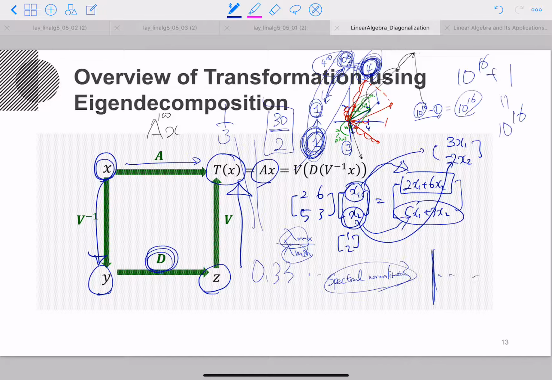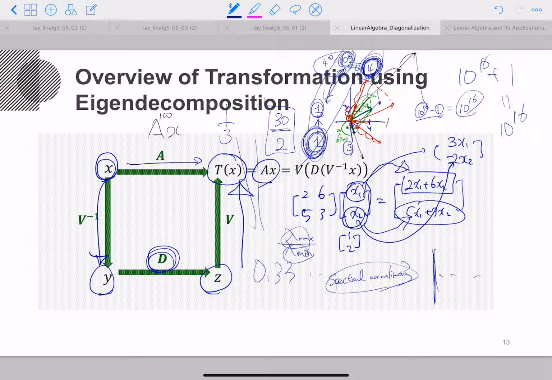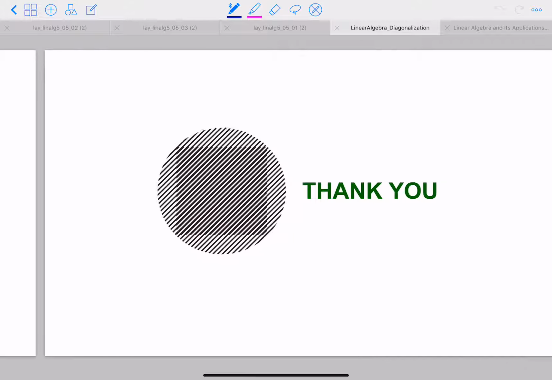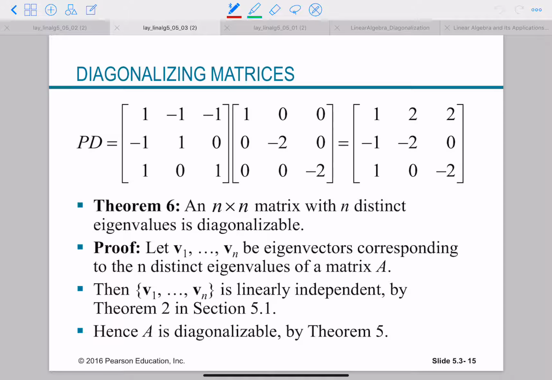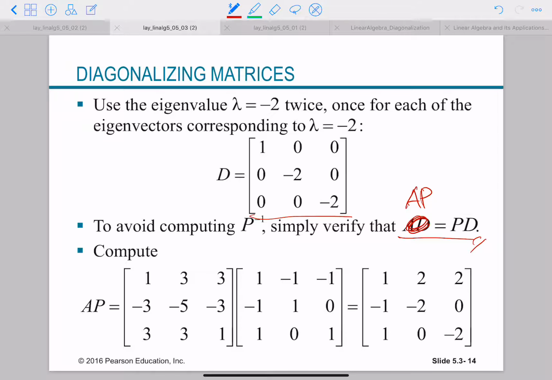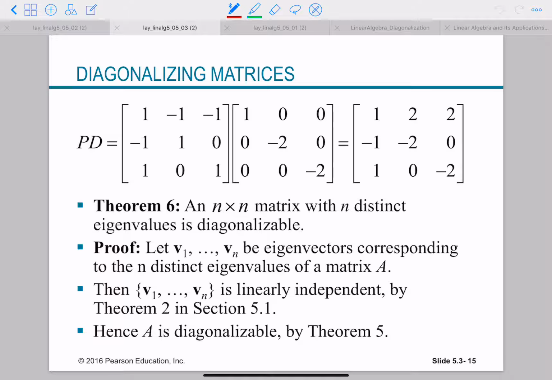Right, let's continue. Okay, so we know how to diagonalize the matrix, right? And then in the last part of this chapter 5.3, there is a theorem 6, and this theorem is about some special case of what we already studied.